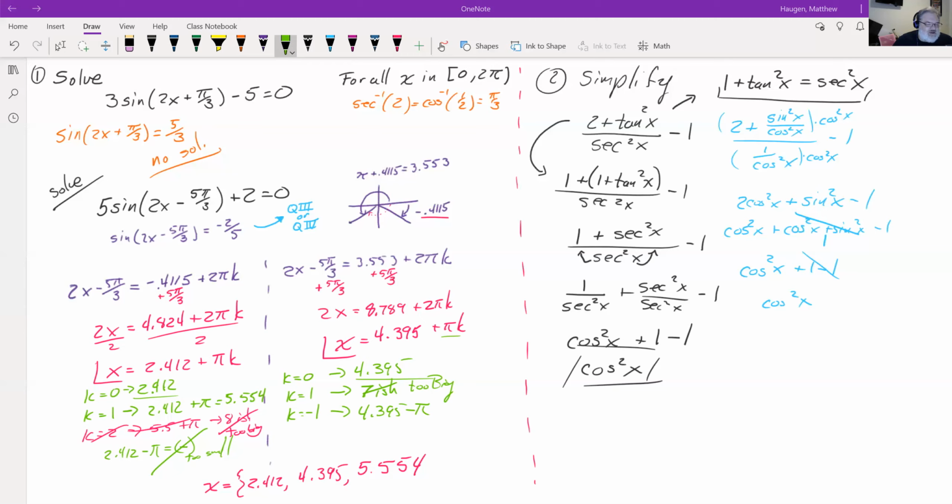So that minus pi is going to leave us 1.253. So 1.253.